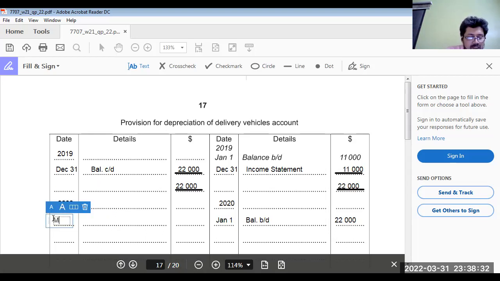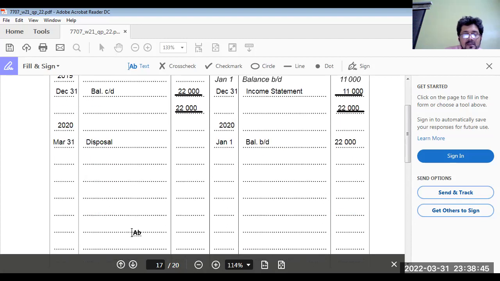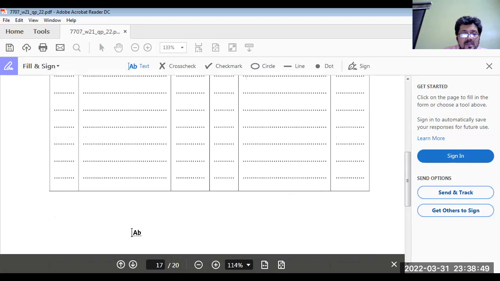We have to send the provision for depreciation to disposal. But for sending it to the disposal account, we should know how much was the depreciation of the first machine.